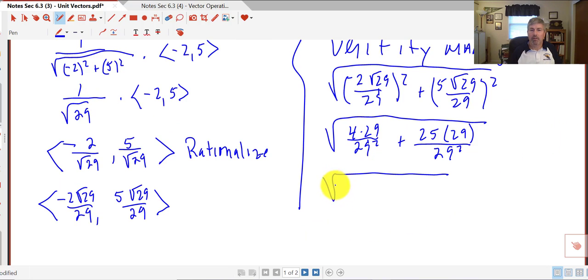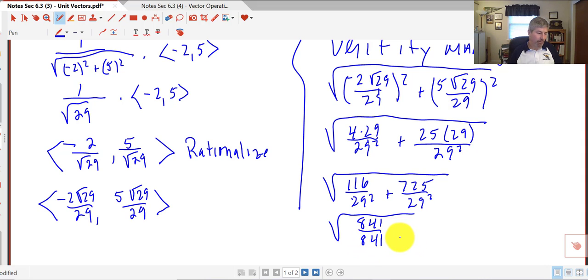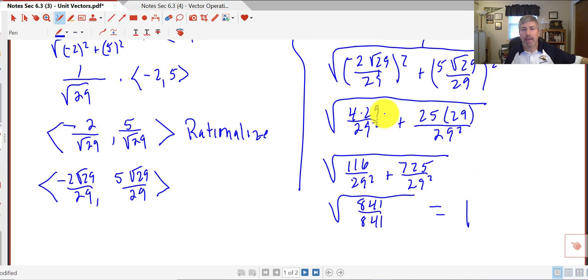And I think I'm doing this a long way, but we end up with 116 over 29 squared plus 725 over 29 squared. I used my calculator for that. And we get the square root of 841 over 841, which is indeed equal to 1. So we have now verified that it has a magnitude of 1.